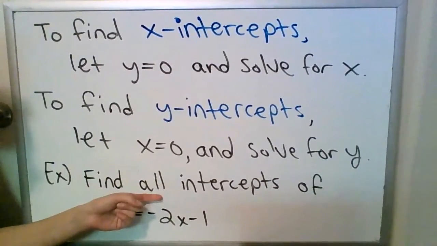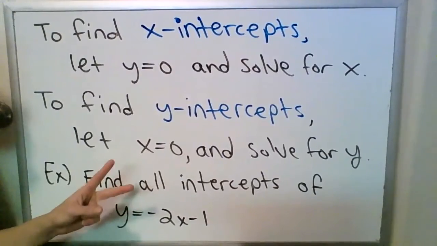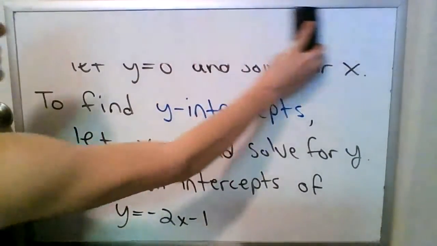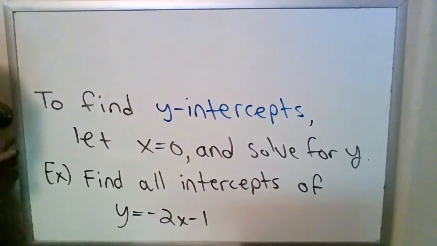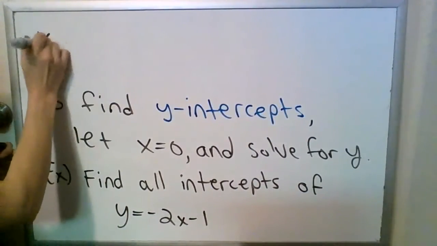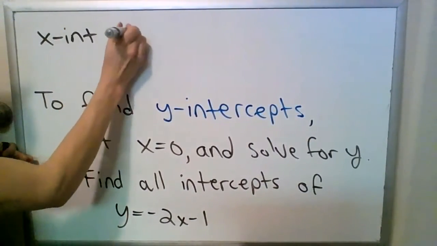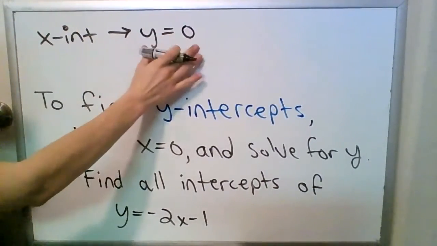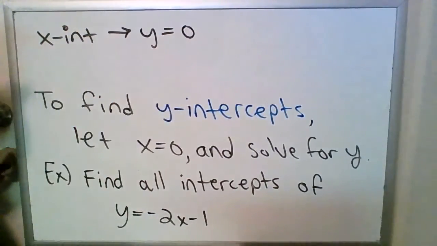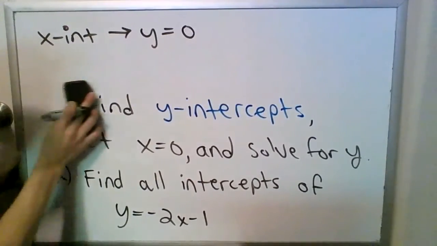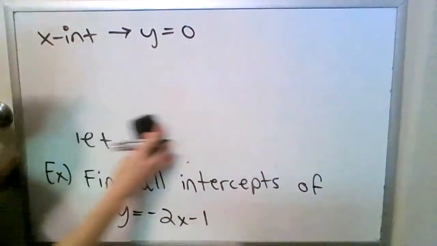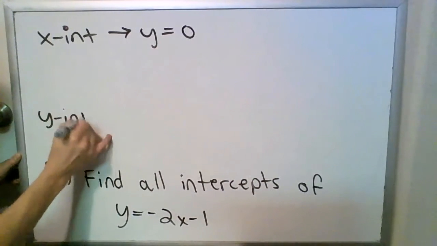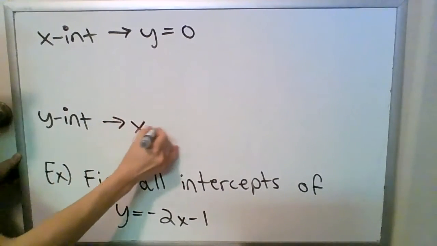So all intercepts means your x-intercept and your y-intercept, just 2. Okay, when you get your x-intercept, put y equal to 0. I'm also just going to put down in our scratch work that to get the y-intercept, that's when we let x equal 0.